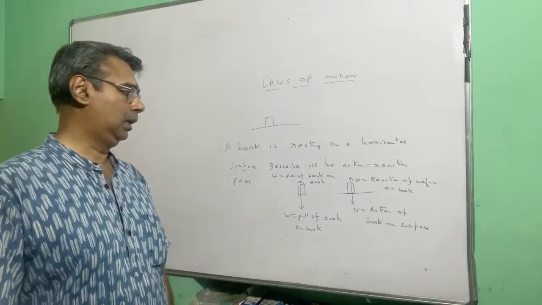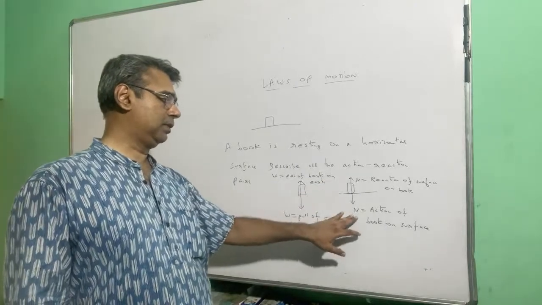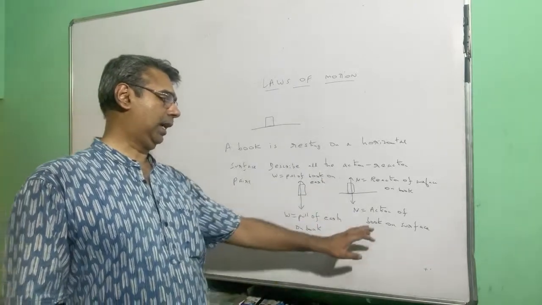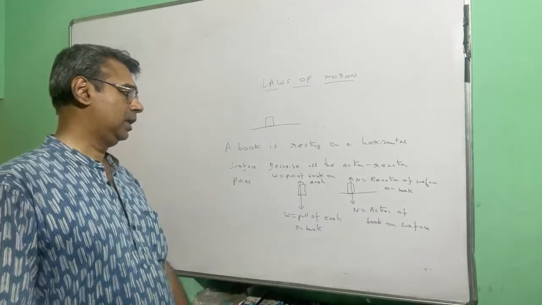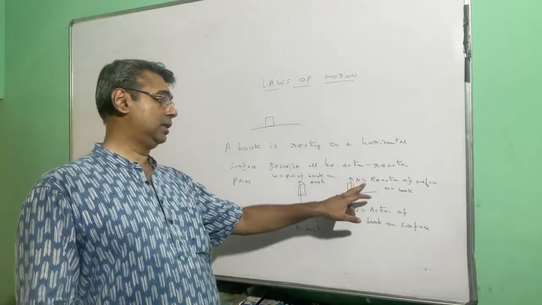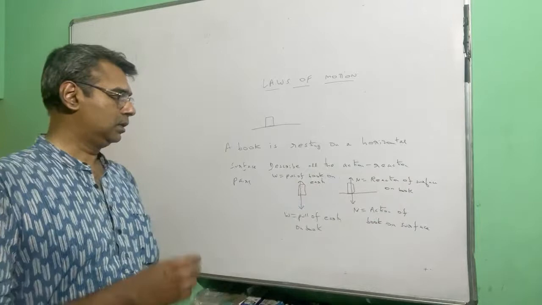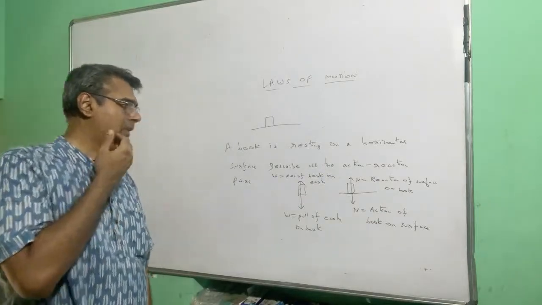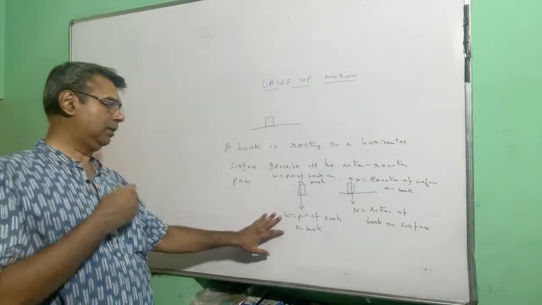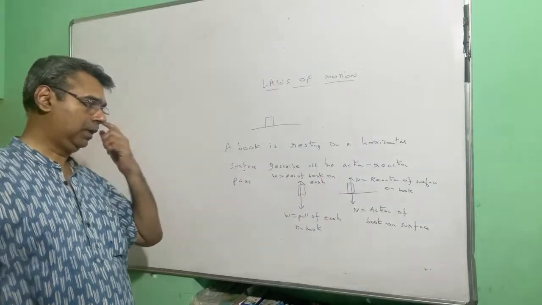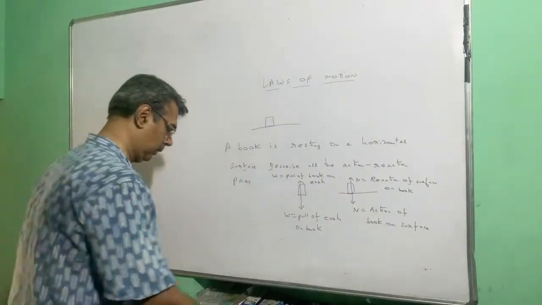Similarly, the book is pressing the surface with a force N. So N is the action of the book on the surface, and equal and opposite to that is this N, the reaction of the surface on the book. Right? So this is one pair of action reaction, this is another pair of action reaction.